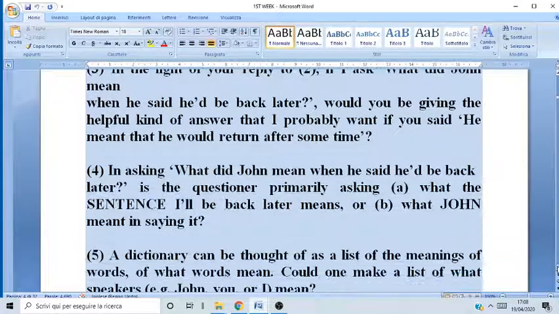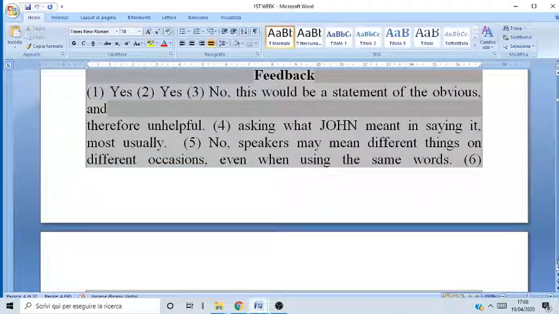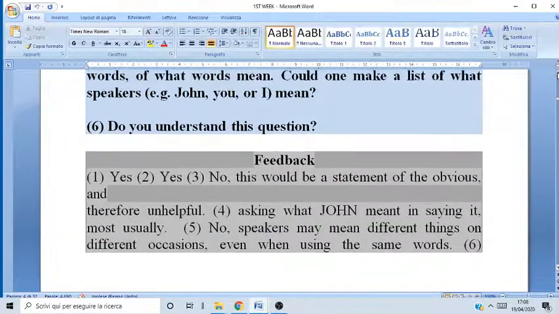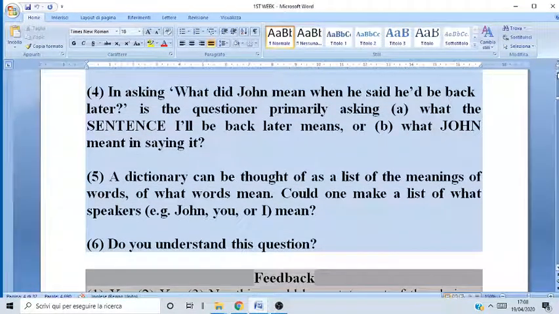It does not answer what I want. And 4, is it asking what the sentence means or what John means? Well, it is what John means.